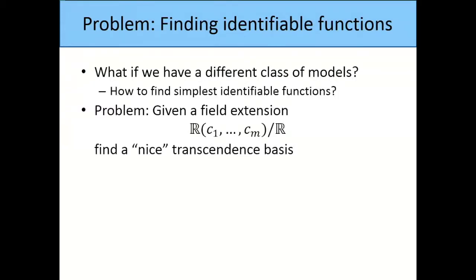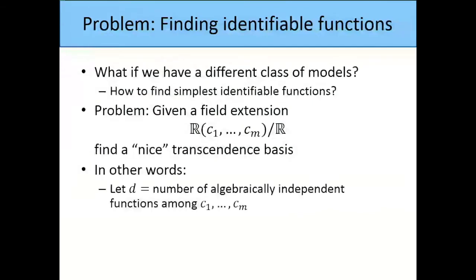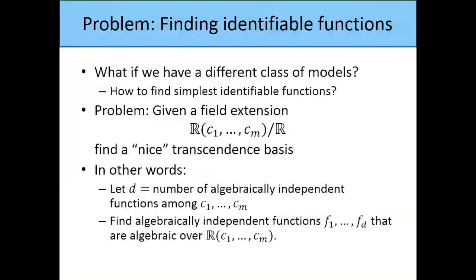Let's try to pose this a bit more algebraically. We have a field extension given by the field of rational functions in the coefficients, and I'm just going to label them C1 through Cm now because we're talking about the problem in general. The goal is to find a nice transcendence basis. Let's say D of the coefficients are algebraically independent, because they may not all be independent.